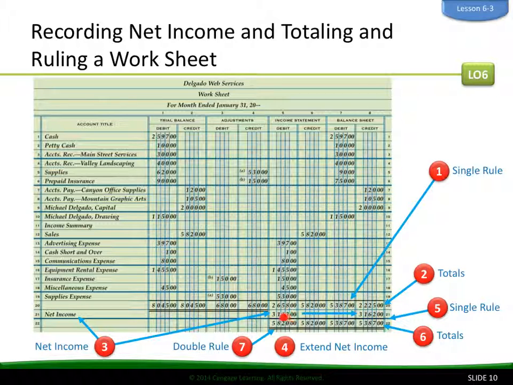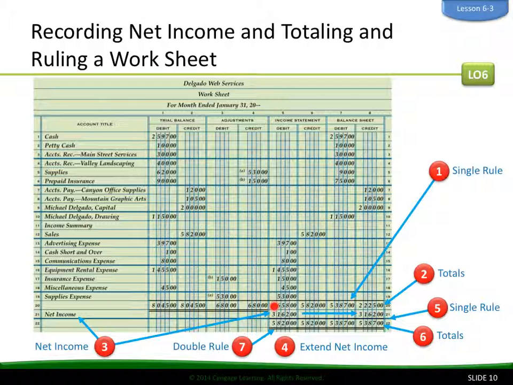So this line right here are all of our totals of the columns. Now to get this number right here, you take our sales, which is right here, and you subtract this number. Okay, so sales, 5,820 minus 2,658 is 3,162. And that goes over here also. Now we're going to add this up.